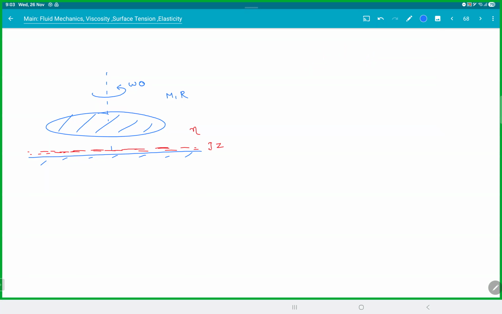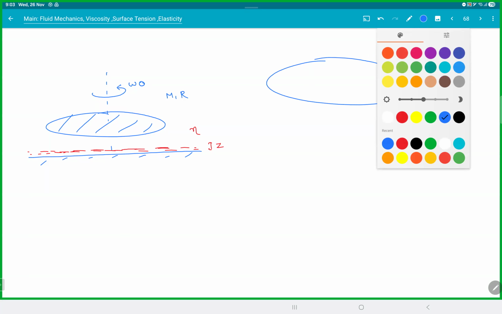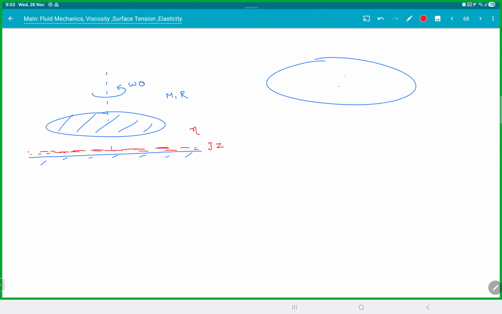How do you take the elements? At a distance x, take a thin strip of distance x and thickness dx. This thin strip is rotating with velocity x omega. So on this thin strip, you have a friction acting backward.